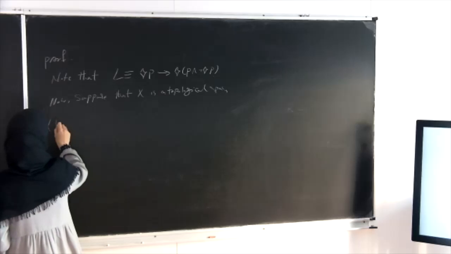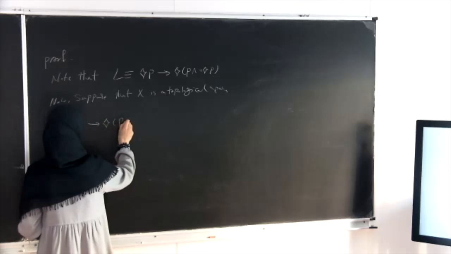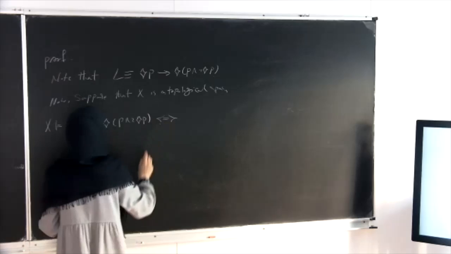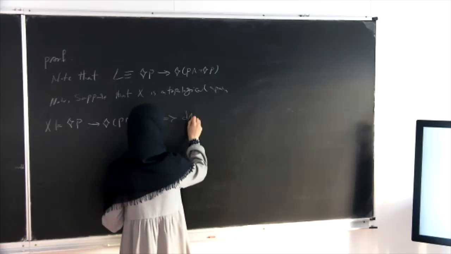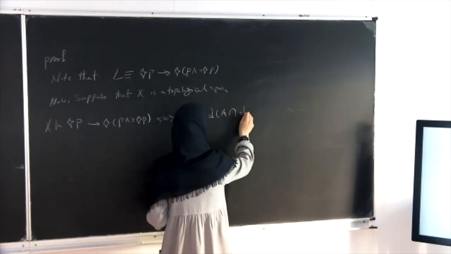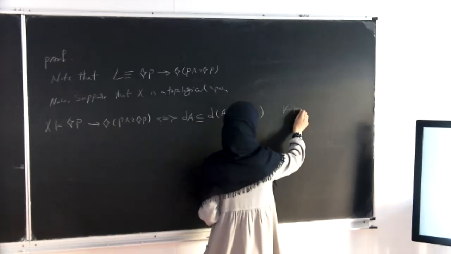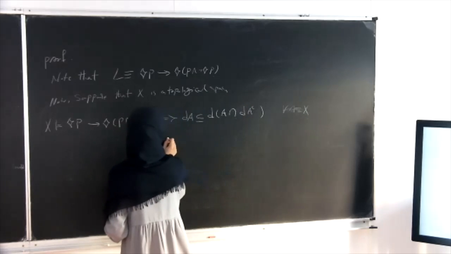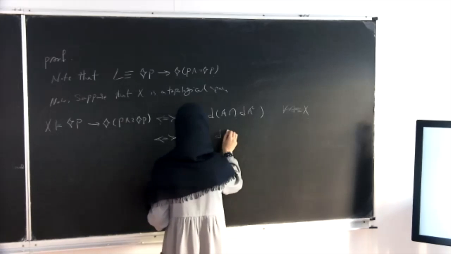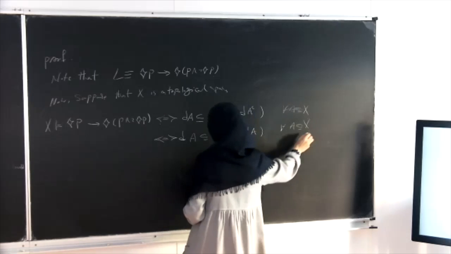Then X satisfies diamond of P, then diamond of P and the negation of diamond of P, if and only if D of A is a subset of D of A intersection with the complement of D of A for any A subset of X, which is equivalent to D of A being a subset of D of A minus D of A for any A subset of X.